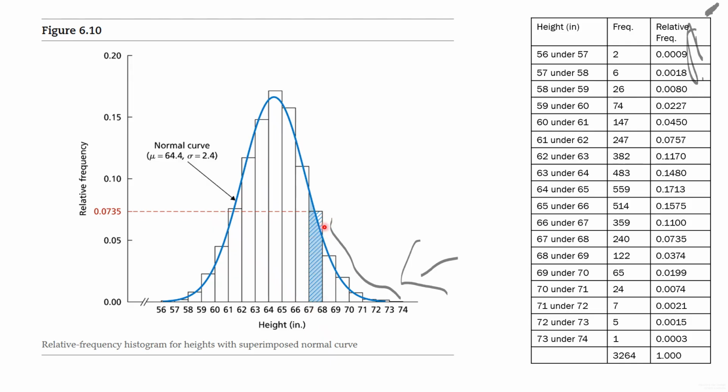If we take a dotted line over to the relative frequency, you'll see that it is about 0.0735. And so we can say that about 7.35% of all the female identifying students are between 67 and 68 inches tall.